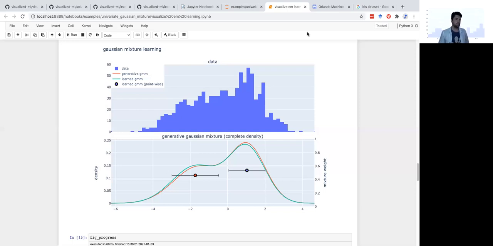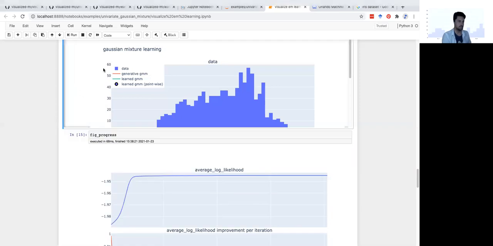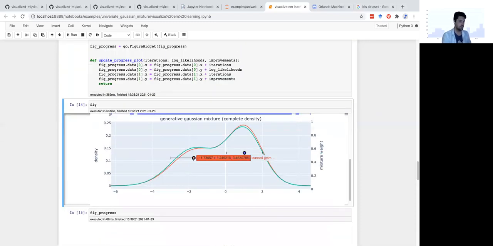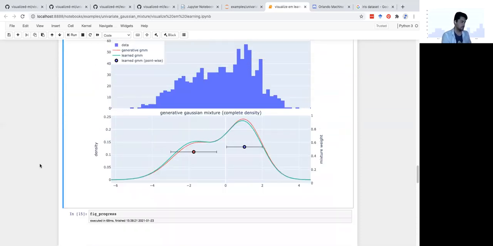And then also, for each of these components, we need to learn what its weight is, where it is centered, and how wide it is. So that's just like the parameters of a Gaussian distribution. So if we go back, you can kind of see here, to clarify with the visualization that I made.